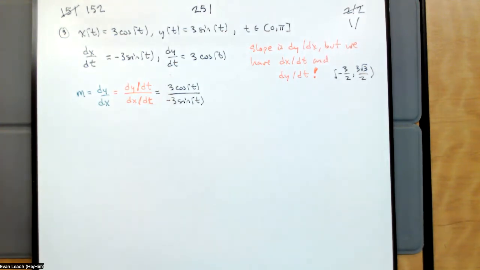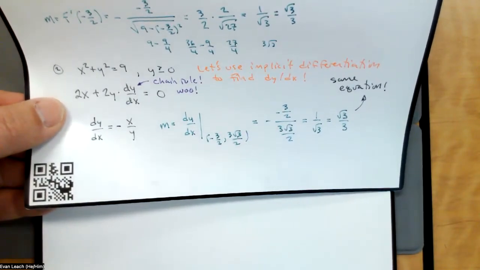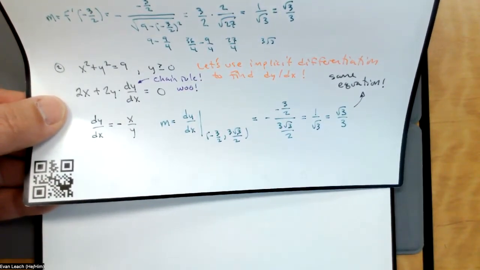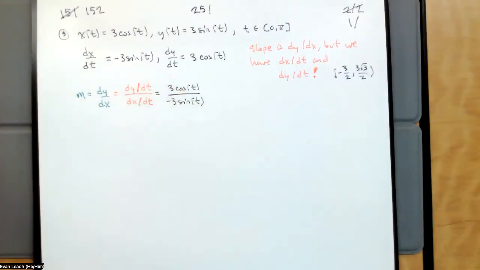So when we put this together, it was dy dt over dx dt. But if we think back to the derivatives that we had before, which I conveniently didn't erase, the dy dx using implicit differentiation ended up being -x over y. And so here's the minus, 3 cosine t is x, 3 sine t is the y. So this is the same derivative that we had before, it's just the parameterized version of it.